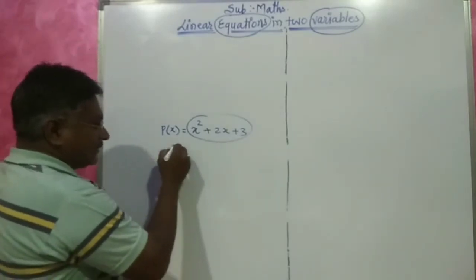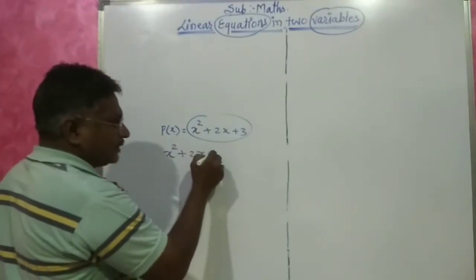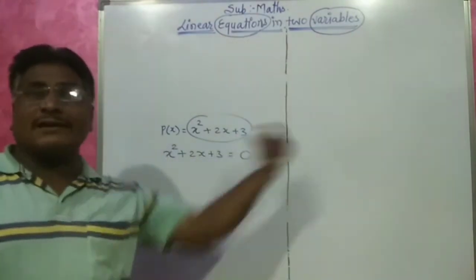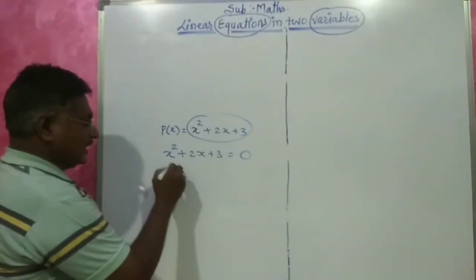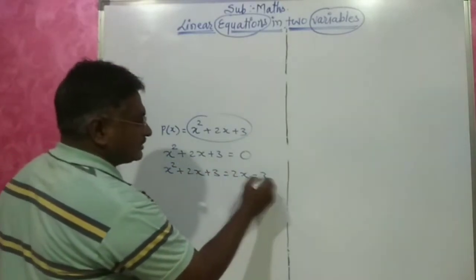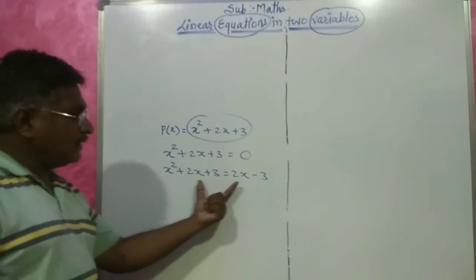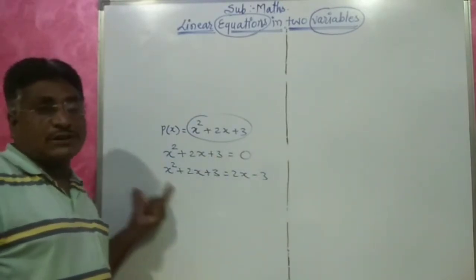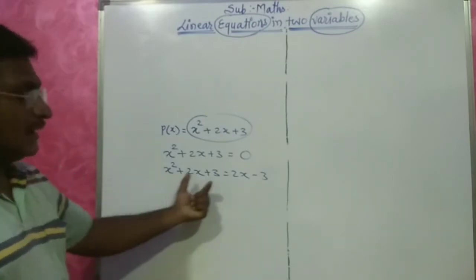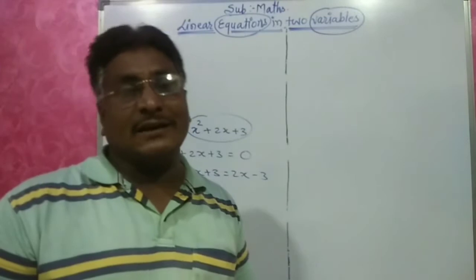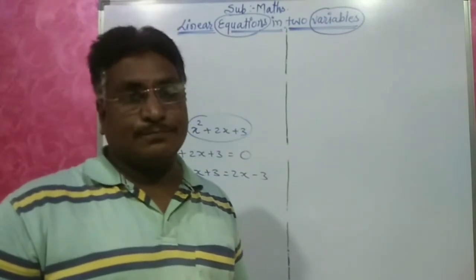If we write x square plus 2x plus 3 equals to 0, or equals to any term, x square plus 2x plus 3 equals to 2x minus 3, so whenever in the polynomial the equal to sign comes, that is called the equation. It represents that both sides, left hand side and right hand side, become equal.